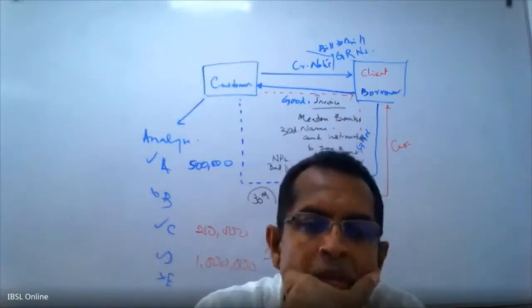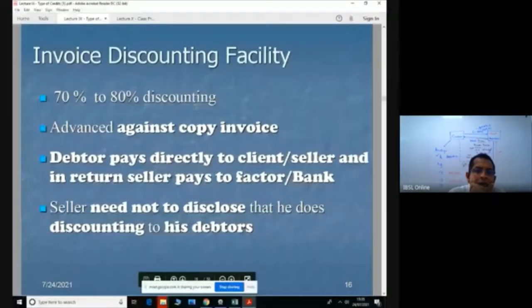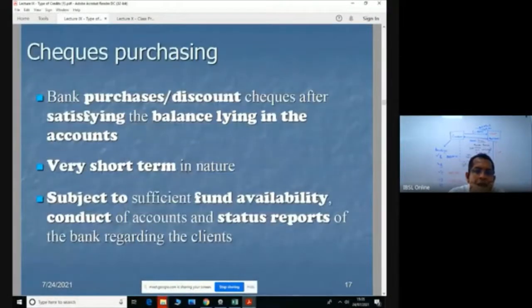So just go through same things are there. Invoice discounting, this is what I discussed. Check purchasing is basically overnight or just a day's thing. We get a check, we call the other bank, get it verified, we call freight confirmation.